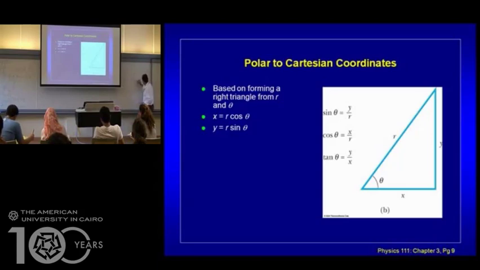If that's the angle theta, and this is y, this is r, this is x, then y will equal r cosine theta, and x will equal r sine theta. It's not a big deal.